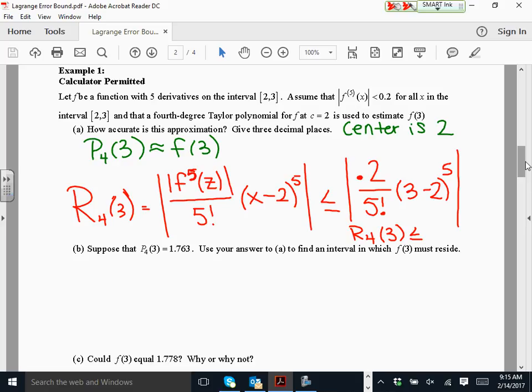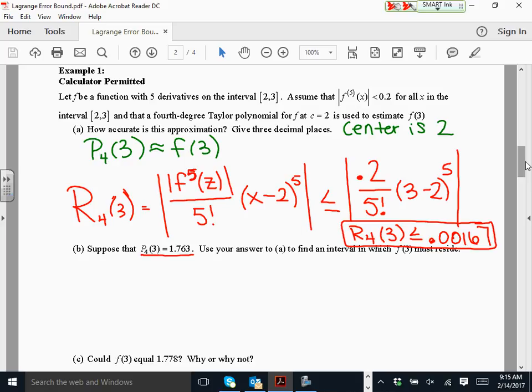Okay. So you ready to punch that in a calculator? 0.00167. It's not very much, right? So this is what it's saying.